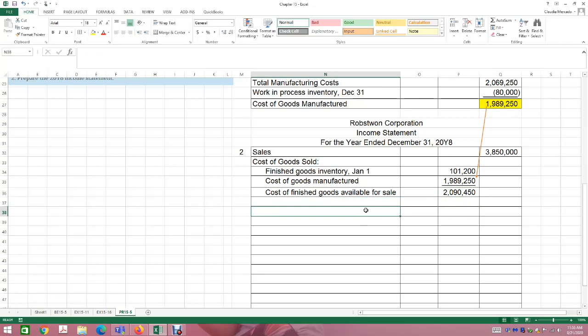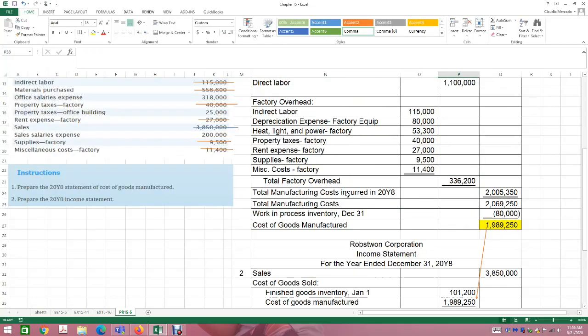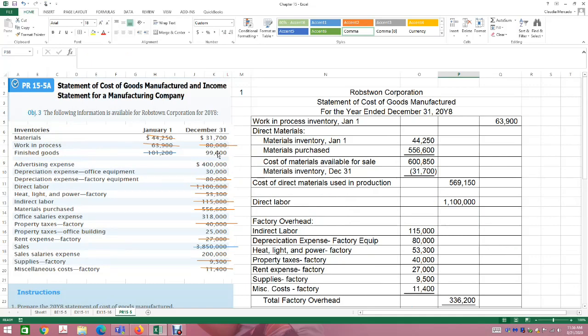Now I am going to deduct my finished goods inventory as of the end of the year, finished goods inventory as of December the 31st. So let's see if we have any. Yes.